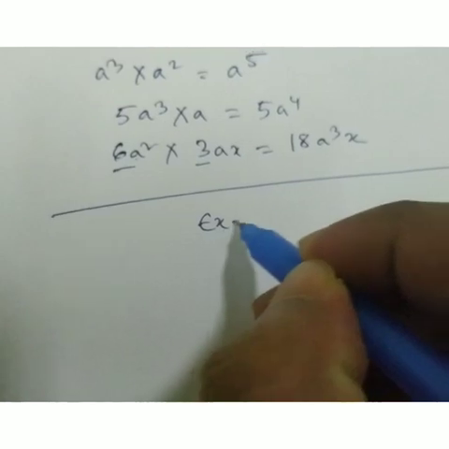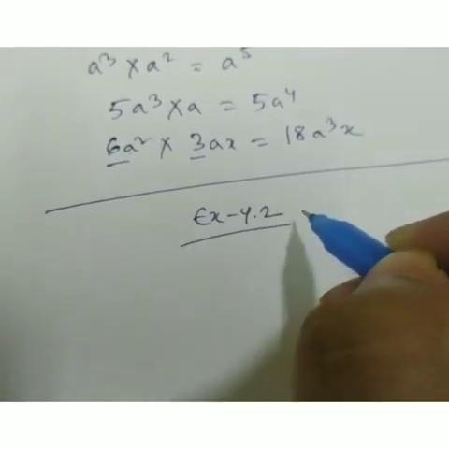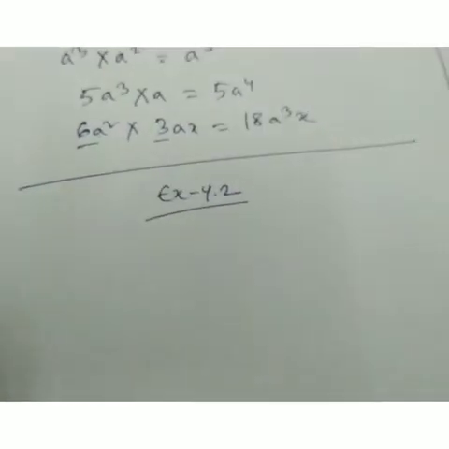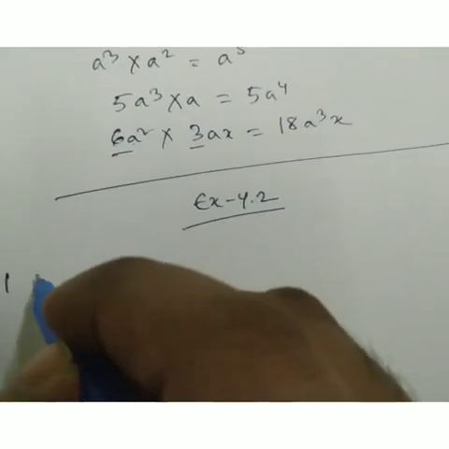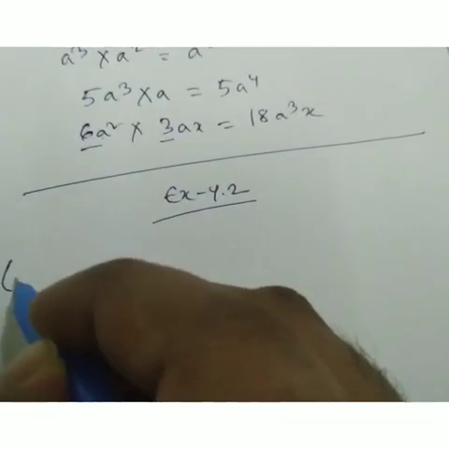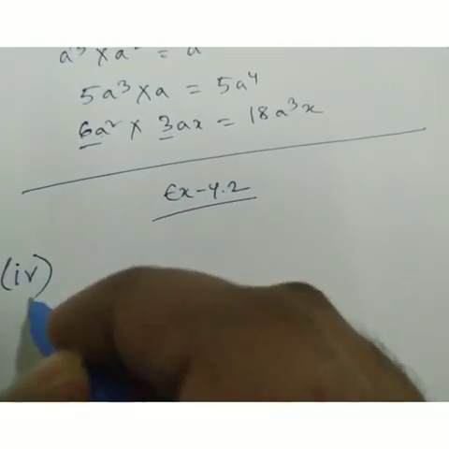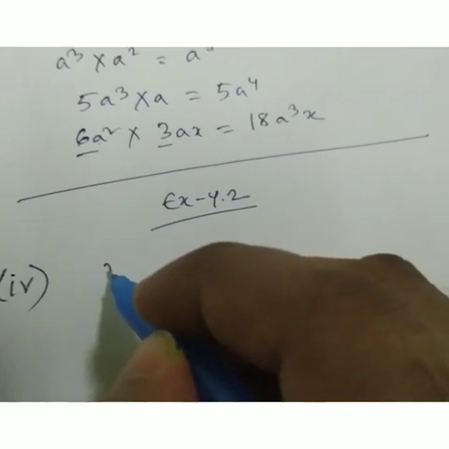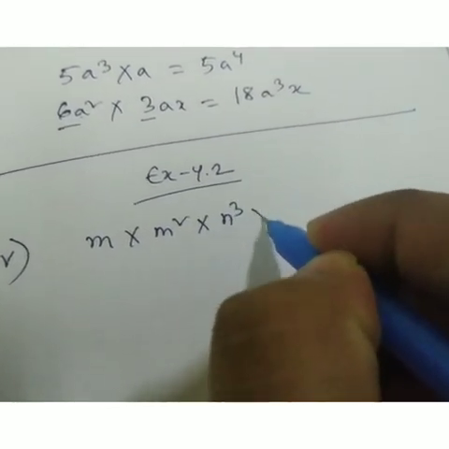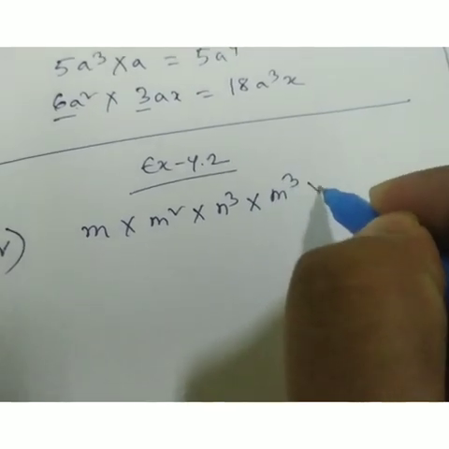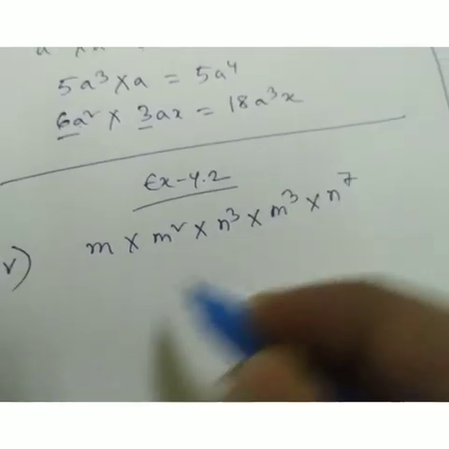Okay, so exercise 4.2, I will do from number 1. Let's try one problem. Let's try number 4 first. The question is given: m into m square into n cube into m cube into n to the power 7.